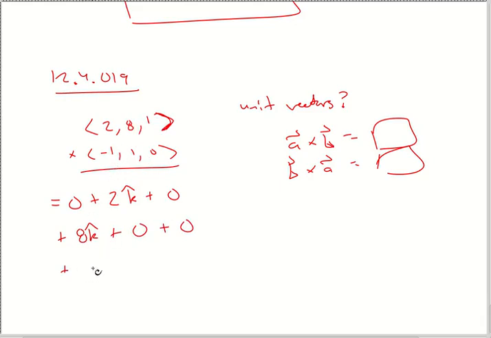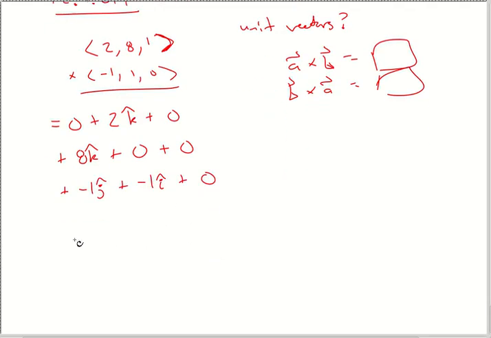That's a positive J component, so you'll retain that minus sign. And 1 times 1 is 1, of course, but that's a negative I component, so you'll get a negative in the end. And that's always a 0. Negative 1. My J's, I got a negative 1. My K's, I got a 10.